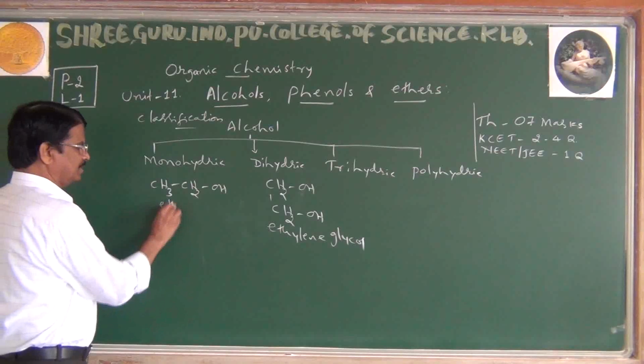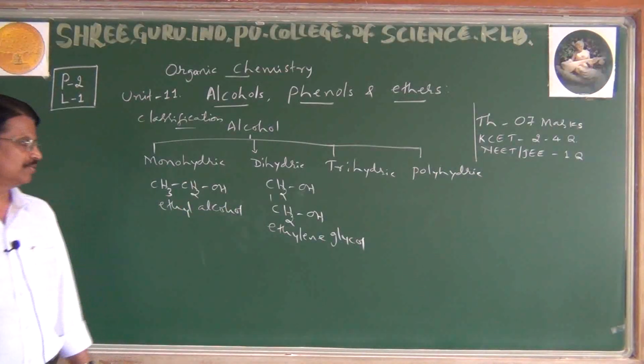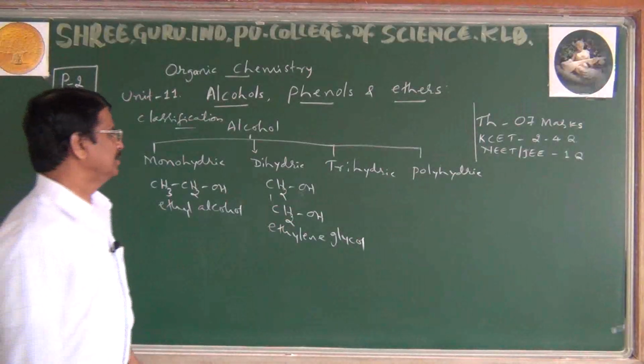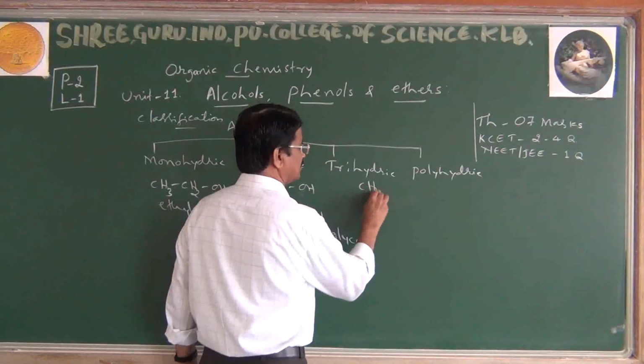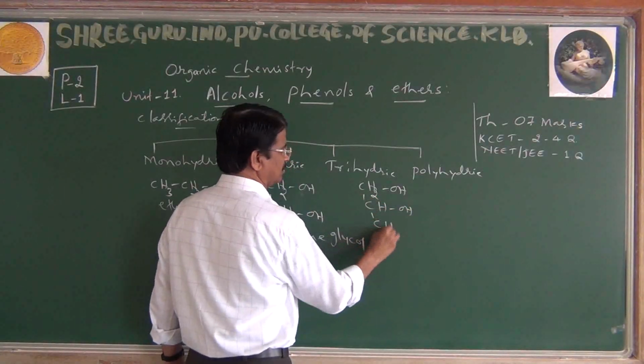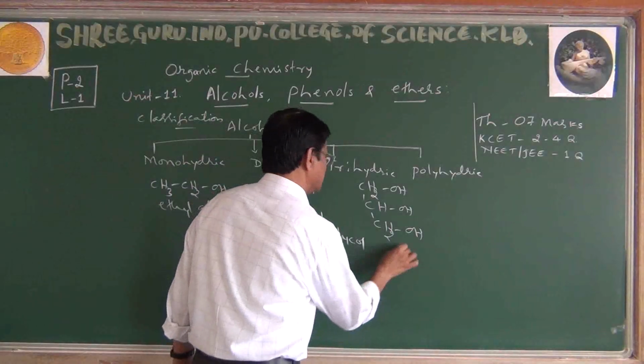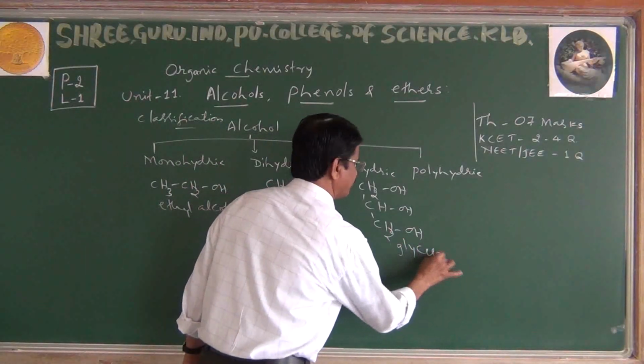This one, ethyl alcohol, ethylene glycol. Trihydric alcohols: CH2OH, CHOH, CH2OH. This is called glycerol.